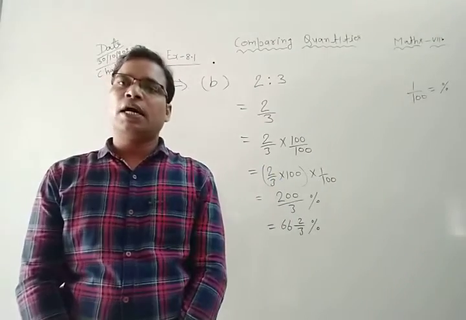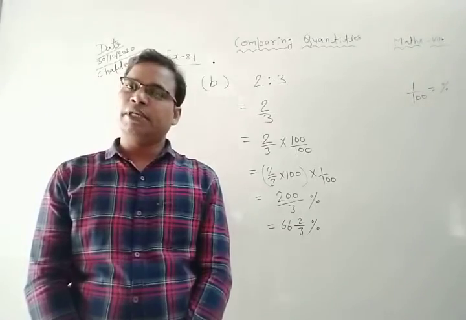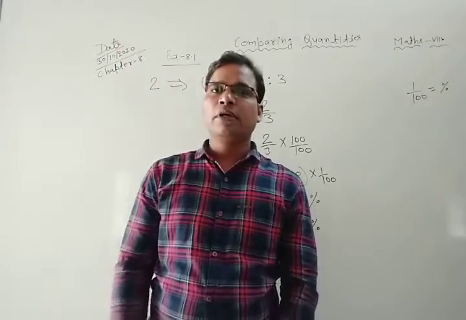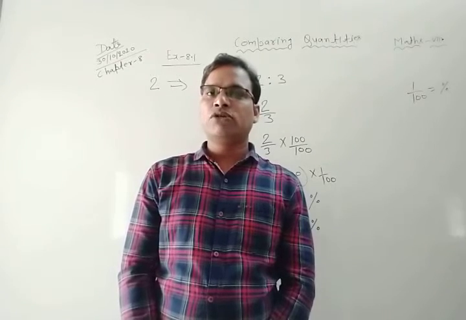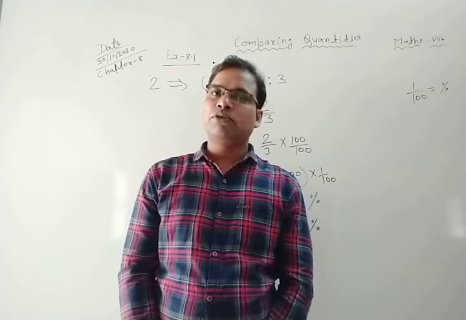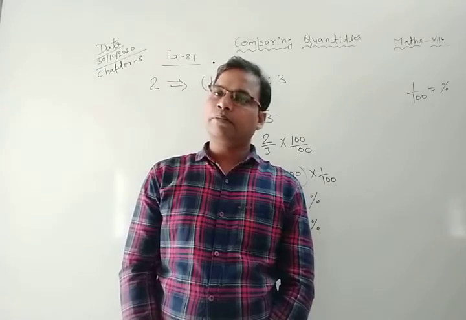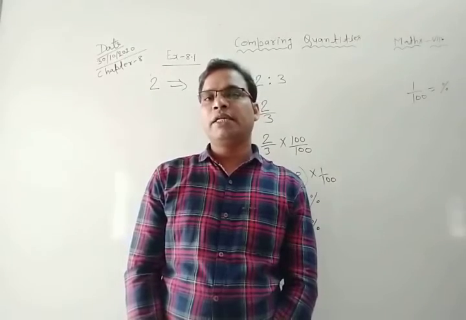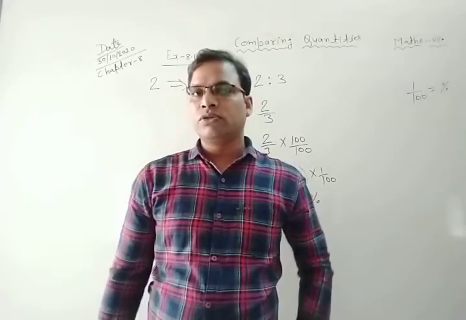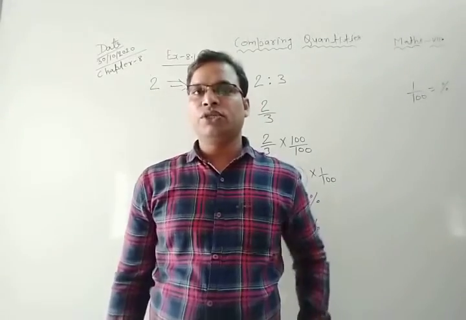How many are not interested in mathematics? Here the total number of students is given as 25, and it is also given that 72% of students are interested in mathematics. So we need to find the number of students that are not interested in mathematics. Let's see how to solve this question.